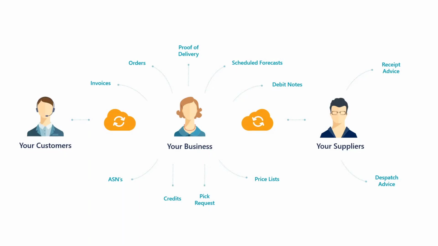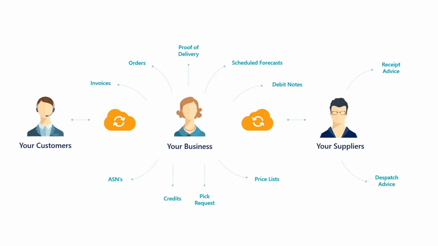In terms of the type of messages that you can send, you can see here you've got your business that's smack bang in the middle. You've then got your customers and your suppliers. You can see there is a variety of messages that you can send, whether it's to a third-party warehouse, to your customer, managing an order, managing an invoice, or managing a debit note.